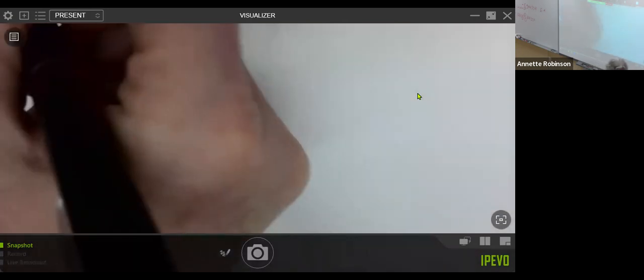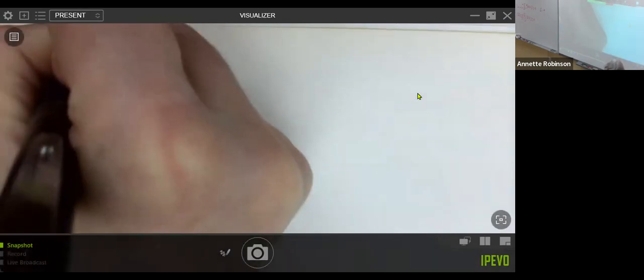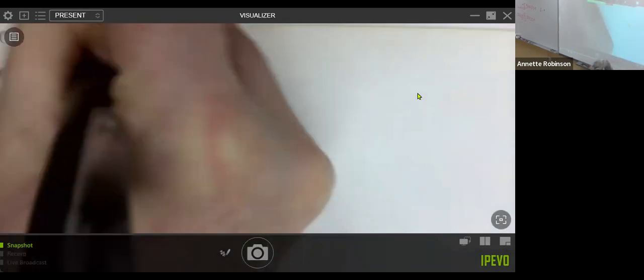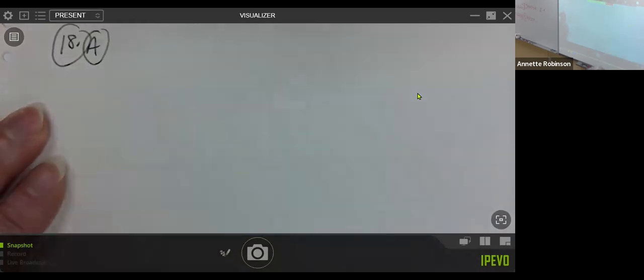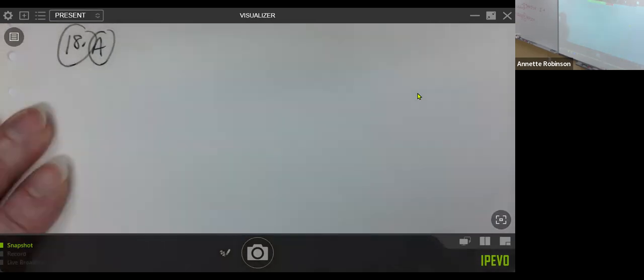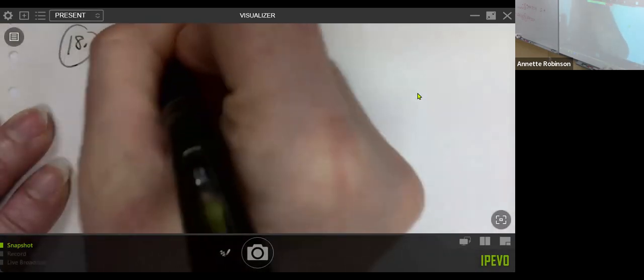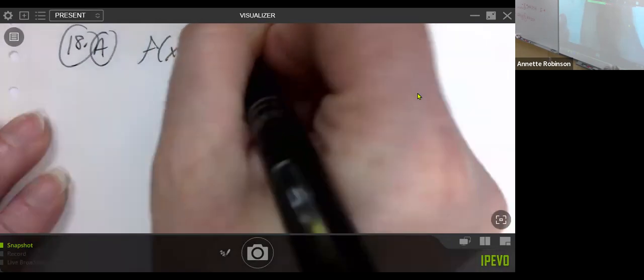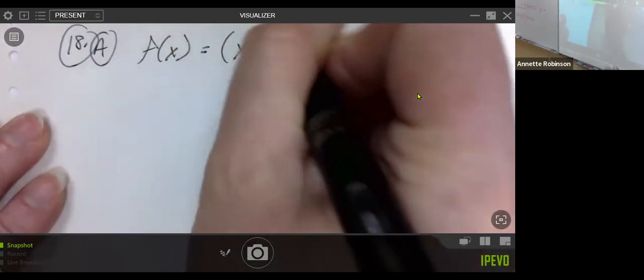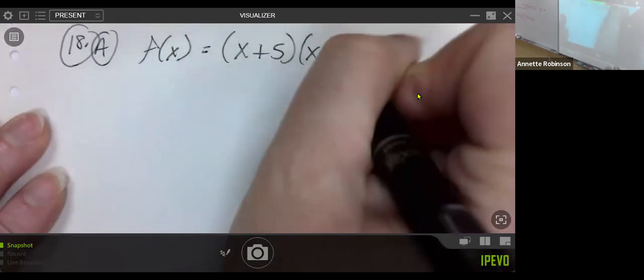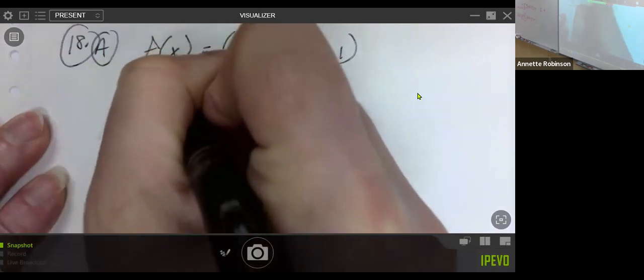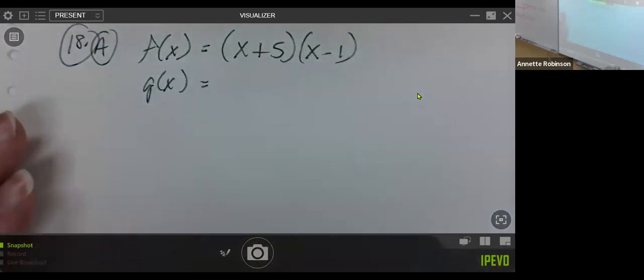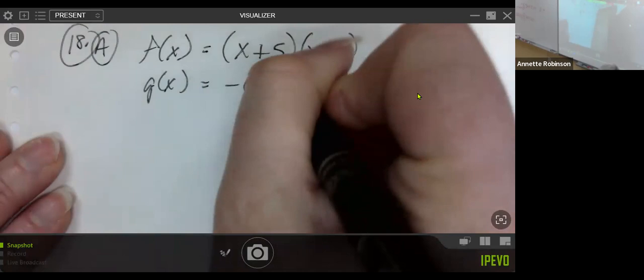So this is slide number 18. We'll call this 18A. Again, my main function is f of x is (x plus 5)(x minus 1), and my g of x function is negative 6x plus 9.